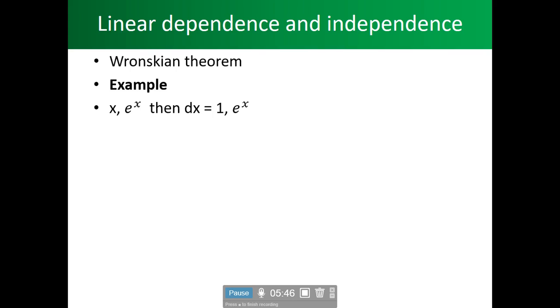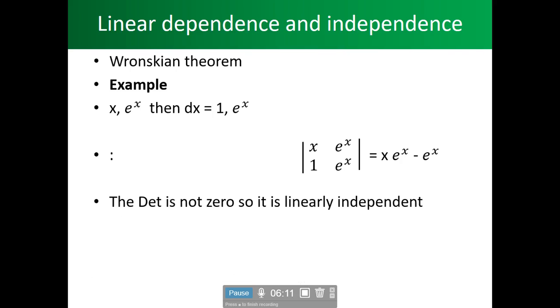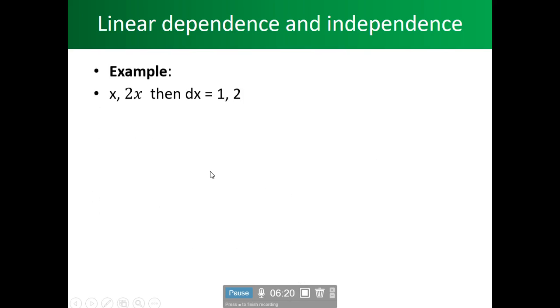For this purpose, the following theorem is useful. If f1 of x, f2 of x, f3 of x, and so on, have derivatives of order n minus 1, and if the determinant is not equal to 0, then the set is linearly independent.